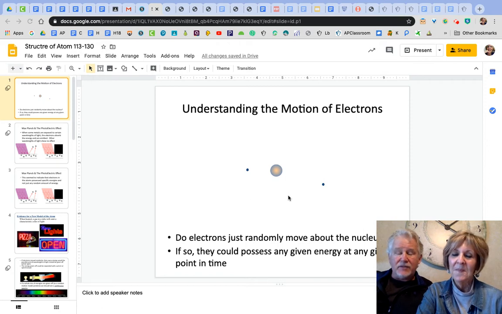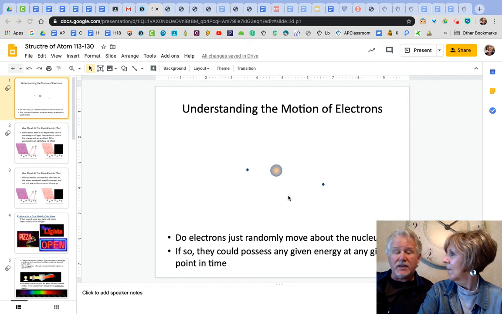So they conform to these specific energy levels, and can't have just any given energy at any given point. This is pretty fundamental to analytical chemistry because we look at the photons that are emitted and the photons that are absorbed, and that's one of the biggest things about analytical chemistry.